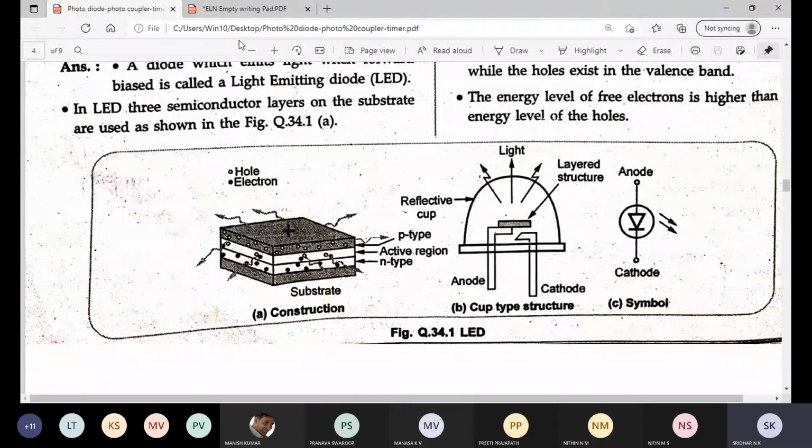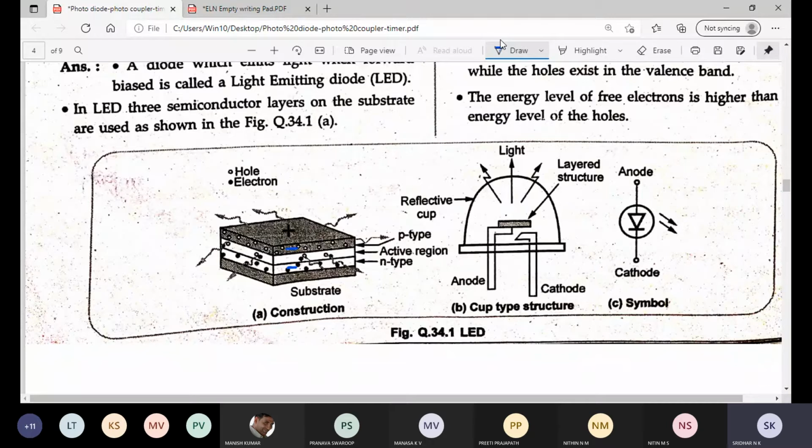Here also there are P and N type semiconductors. This is also a diode and a special diode. You have P type semiconductor and N type semiconductor. The top layer is P type, and this is N type. In between P type and N type there will be an active region, which is nothing but the depletion region.